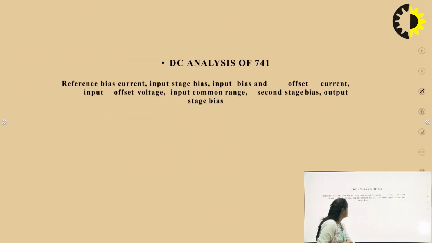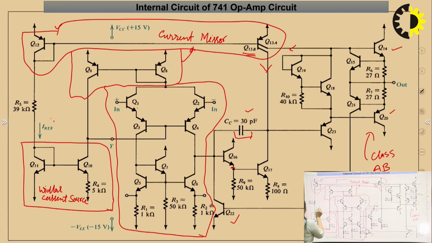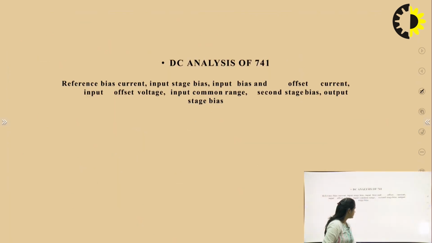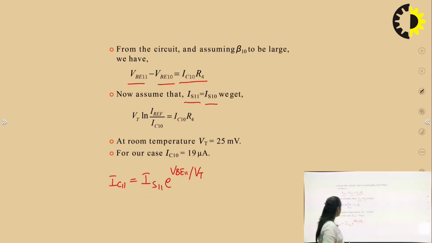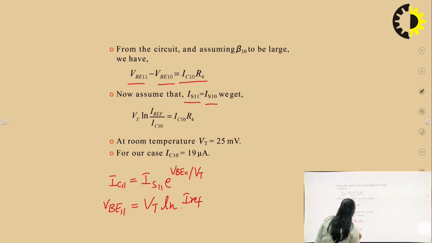Actually it is equal to I reference. So I can write IC11 is equal to I reference, and hence VBE11 can be given as VT ln I reference upon IS11.